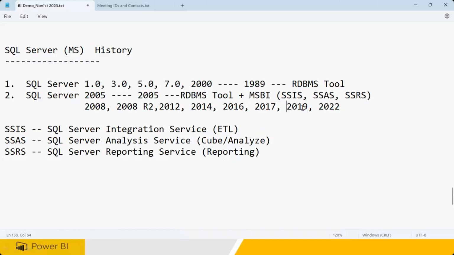We are going to install 2019 or 2022 on your computer. I will give you this software because without SQL, you will not be able to complete Power BI. I will give you this software the day after tomorrow. Tomorrow will be the final demo. We will be installing the software on the fourth day.